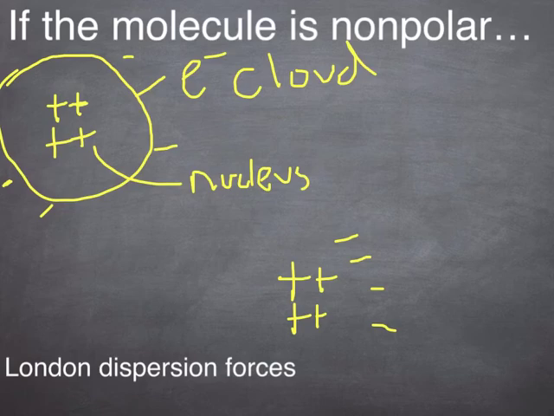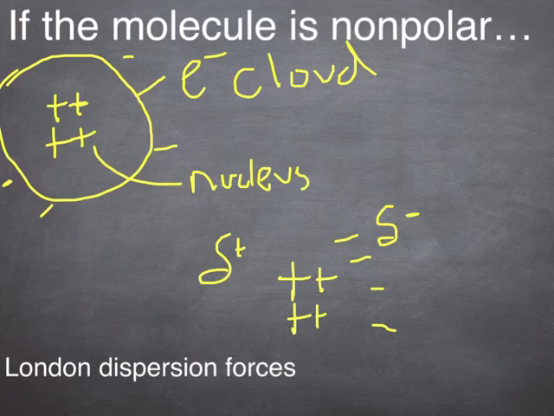So as the electrons are moving around randomly, sometimes most of the electrons will end up on one side than the other. And that will cause a very, very small, slightly negative charge on one side of the atom and a very, very small, slightly positive charge on the other, and these are like ridiculously small, even compared to the dipole-dipole, right?